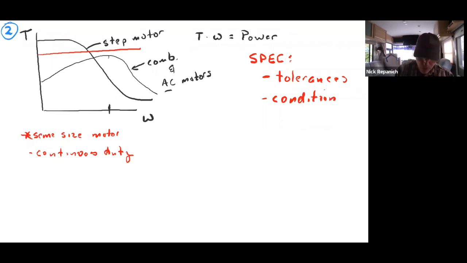So this motor right here, the stepper motor, will give you that speed torque curve. They give you a line. Well, how many stepper motors are there in the world? How many motors are there of that particular size? Hundreds, thousands? Does every single stepper motor have that exact curve? No, it's magnetics. Some have a little bit less, some have a little bit more, some might have a little bit more friction in them.